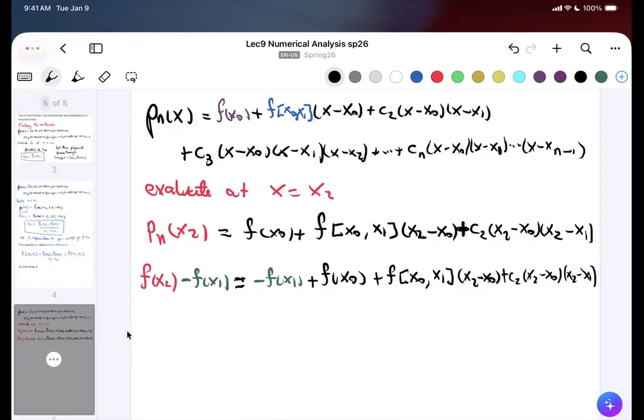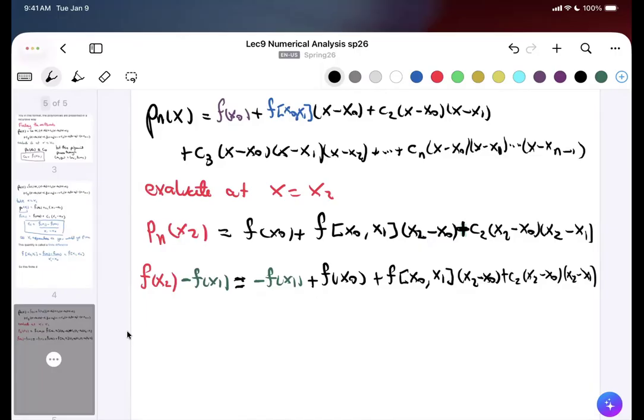Both versions are useful, but this one, without the denominators, is more convenient for me because right now there's no fraction. So f of x2 minus f of x1, I can write as a divided difference of x1 with x2.